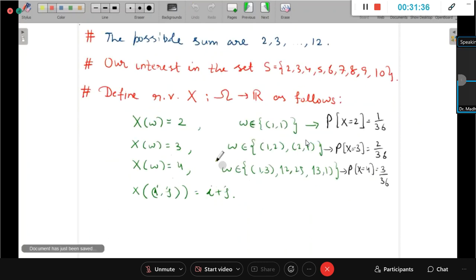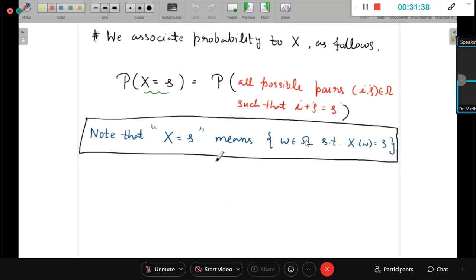Okay, so let's move forward now. We have done all these things, I don't want to repeat it. And I have also mentioned this abuse of notation: X equals s means this.